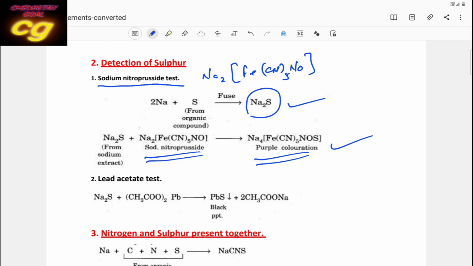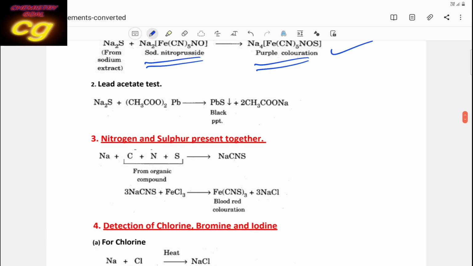There is also another very easy test, the lead acetate test. In the lead acetate test, what happens? The same sodium extract, the Lassaigne's extract, contains sodium sulfide because the organic compound contains sulfur, which is converted to sodium sulfide. Lead acetate, (CH3COO)2Pb, will be added.